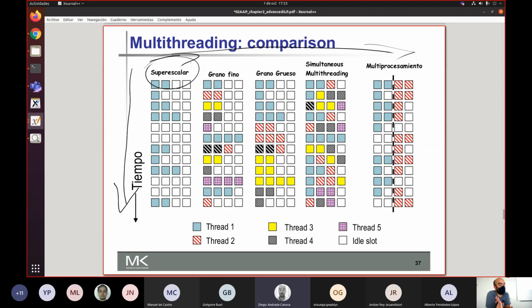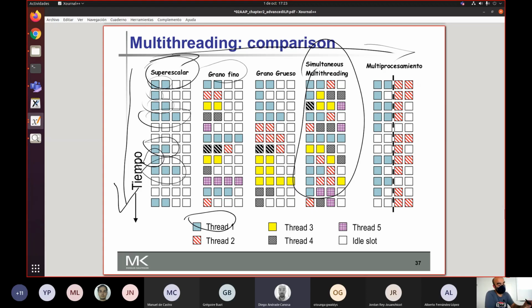This doesn't mean that the reference processors that I linked in the chat are just like that, because actually they are like this, the more evolved version of a superscalar. But in superscalar, you are issuing several instructions of the same thread, in order to make a good utilization of the hardware.